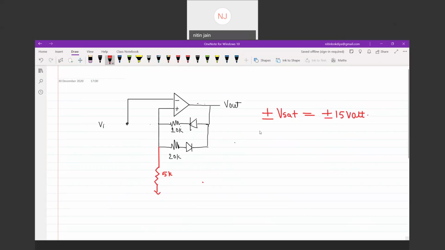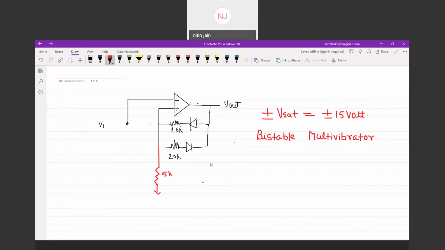Can I say this is stable or bistable? Bistable multivibrator. This is a bistable multivibrator. So what is the output of this op-amp?